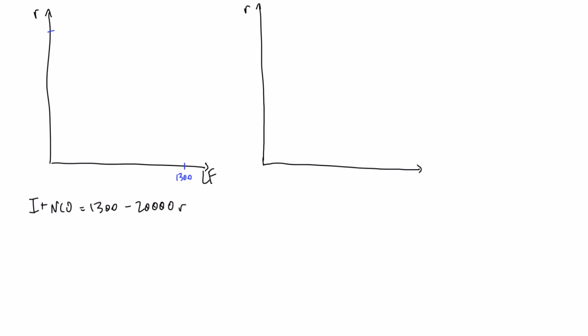So we're going to take 1,300 divided by 20,000, and that's going to be 0.065. Then we will go ahead and draw that in and label that I plus NCO.